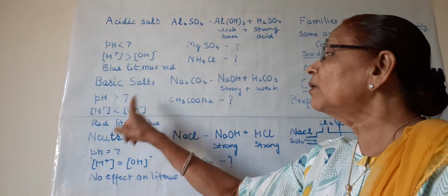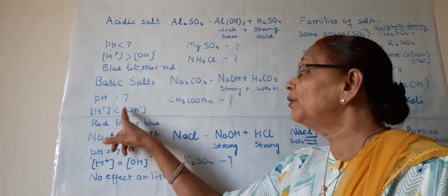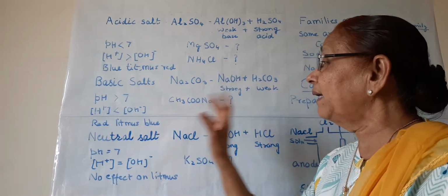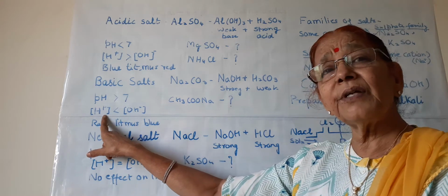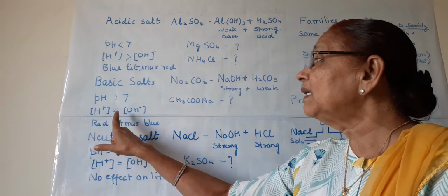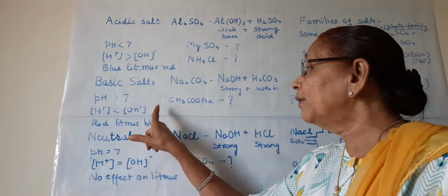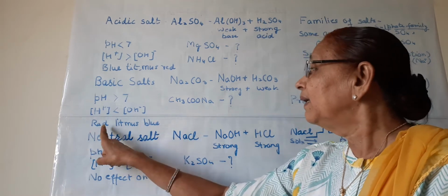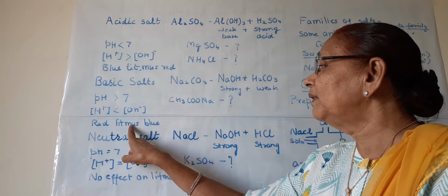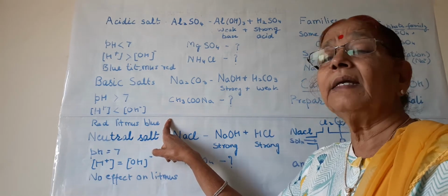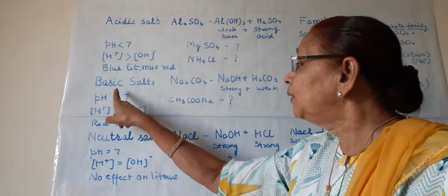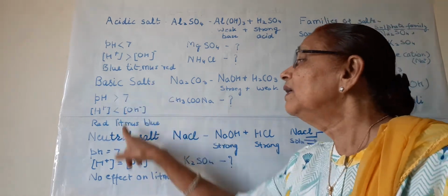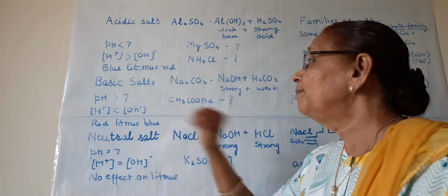So the basic salts, their pH is also more than 7, towards the basic side. Then the H+ ion concentration is less than OH-: hydroxide is more and H plus is less. They turn red litmus blue as bases do. So these three characteristics are of basic salts, which are like the bases.